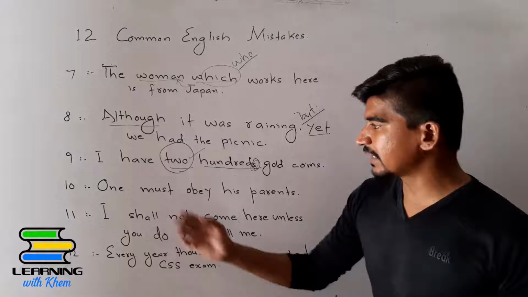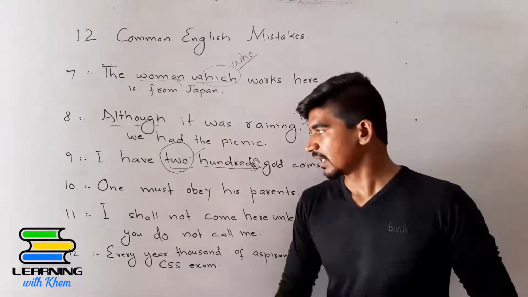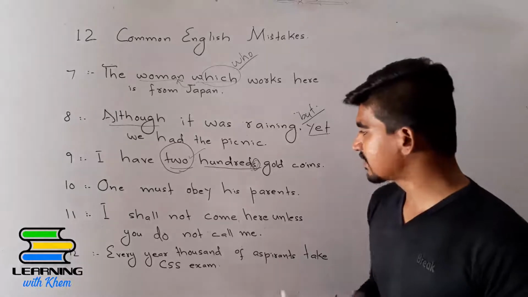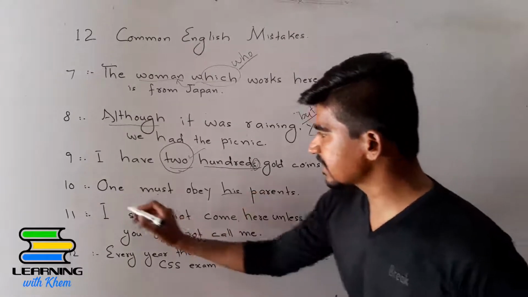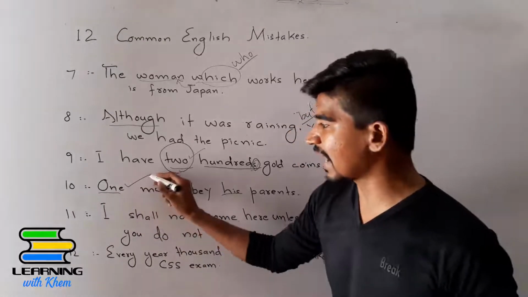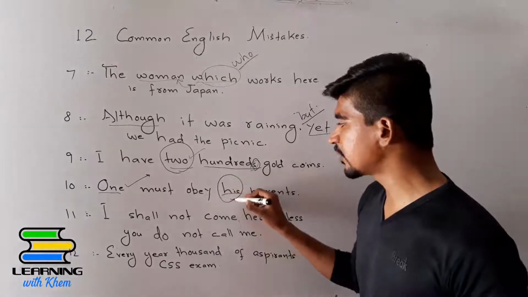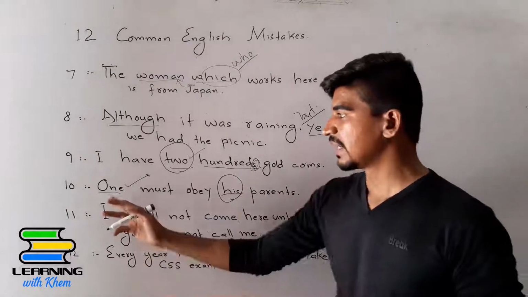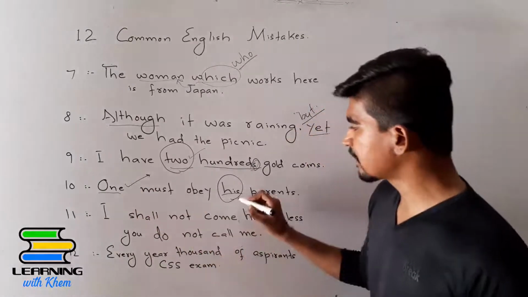Moving on, we have another sentence, "One must obey his parents." Dear friends, watch carefully that the word is "his," and at the start we have the subject "one." If our subject is not clear, why will we write "his" in order to make it a gender? Because at the start the gender is not clear. If the gender is not clear, what do we have to do?